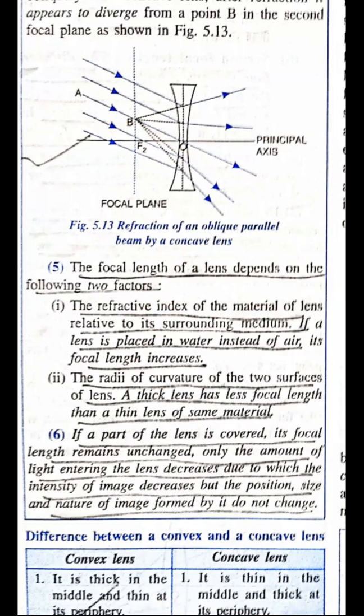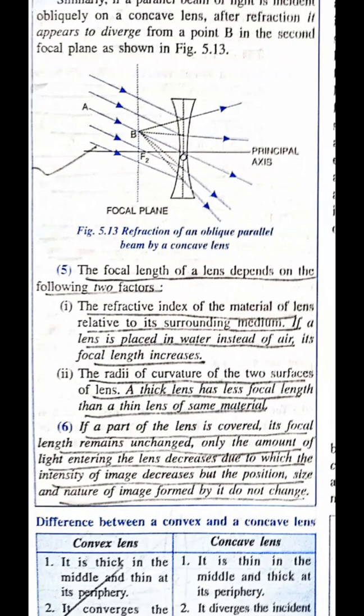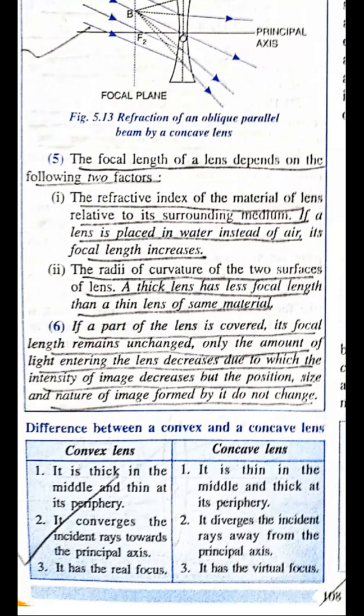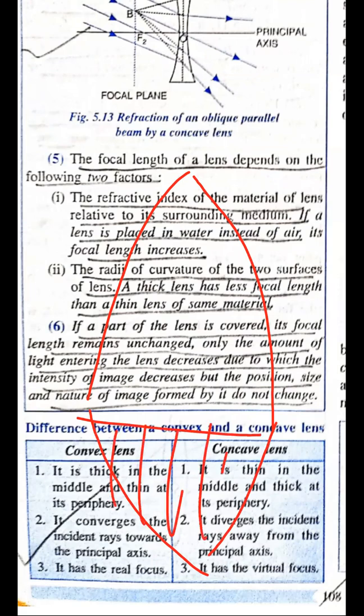The radii of curvature of the two surfaces of the lens. A thick lens has less focal length than a thin lens of the same material. If a part of the lens is covered, its focal length remains unchanged. If a part is covered, so if I use only the upper part of the lens, and the lower part is all covered, still the focal length will not change, because the radius is not changing, so the focal length will also not change.